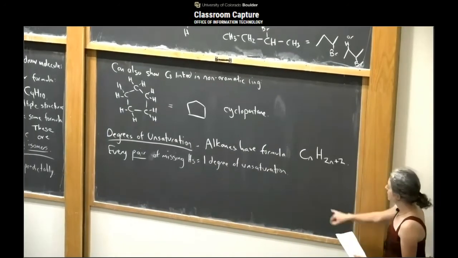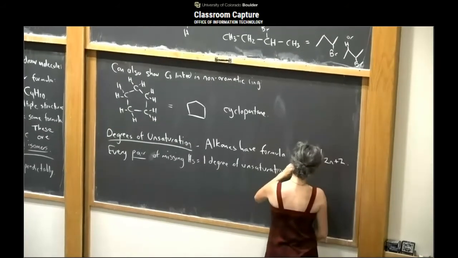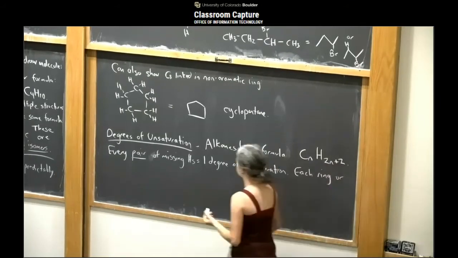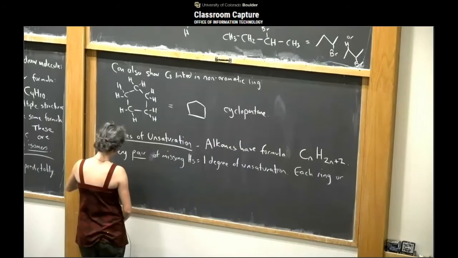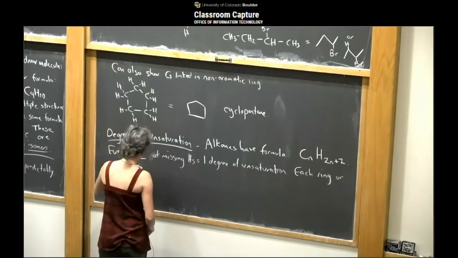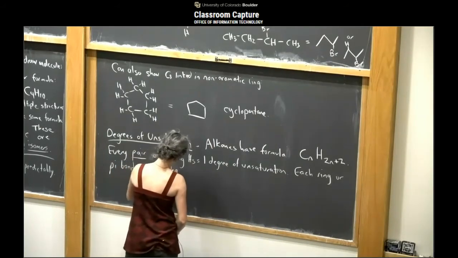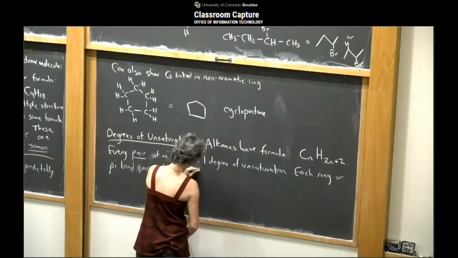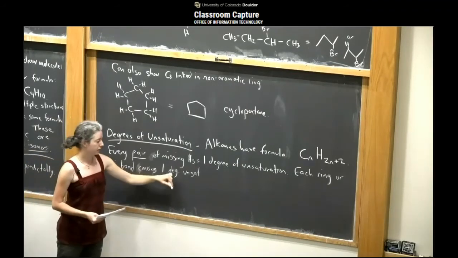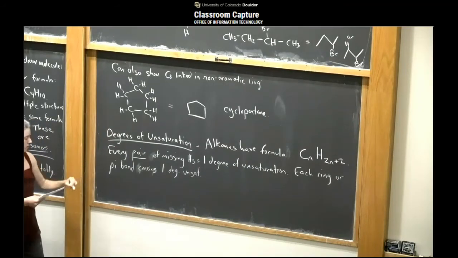The ways to get a degree of unsaturation in the formula is each ring or each pi bond causes 1 degree of unsaturation. There's a bunch of different abbreviations for degrees of unsaturation. I think the lab book uses a big omega. I tend to just abbreviate it as deg unsat because it's easier to remember what that means.